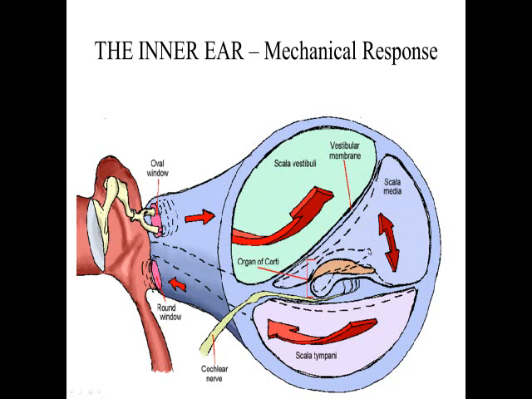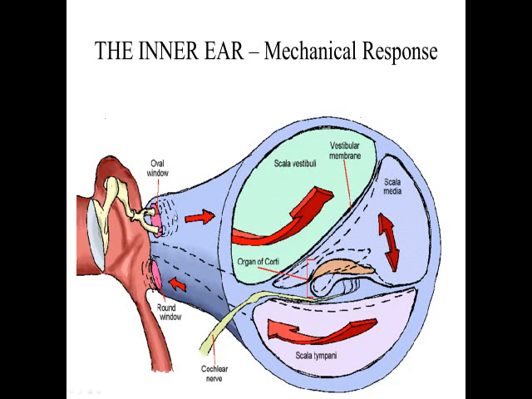And then you notice also how the tectorial membrane is also going to get displaced, pushed up and down, and how the basilar membrane will actually bulge down into the scala tympani. Well, that's going to push on the scala tympani in the same way, with the same forces of displacement that the oval window was pushed on by the stapes.